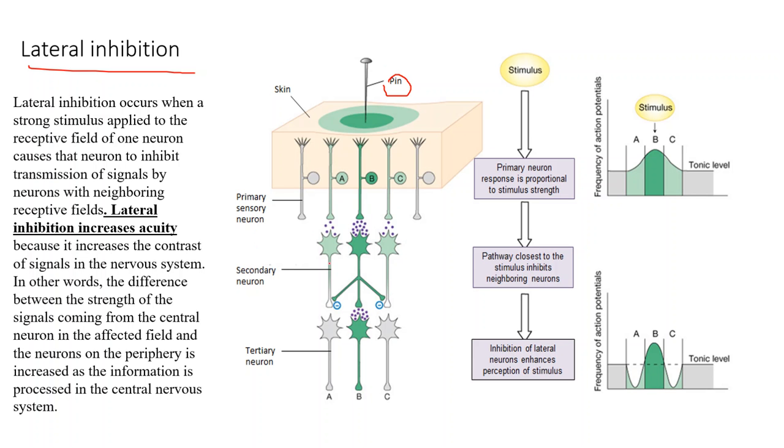If the stimulus is pretty strong, pressing pretty strongly, the stimulation of this secondary neuron will determine, because of lateral connections, the inhibition of the neighboring secondary neurons.